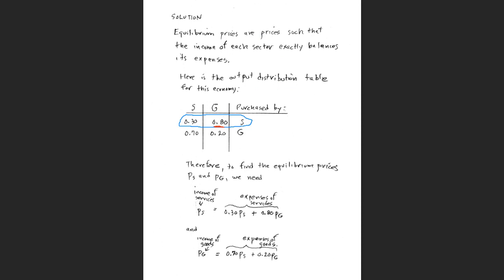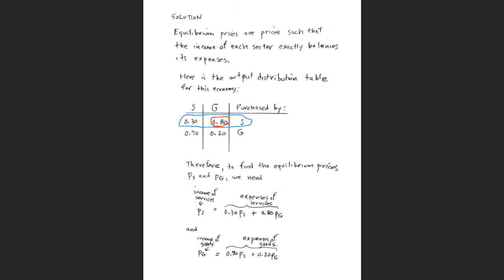but, and I'm going to say services purchases 80%. I'm sorry, I want to say this the right way. Hold on. Let me go back to the actual problem. Yes, all right, goods sells 80% of itself to services.